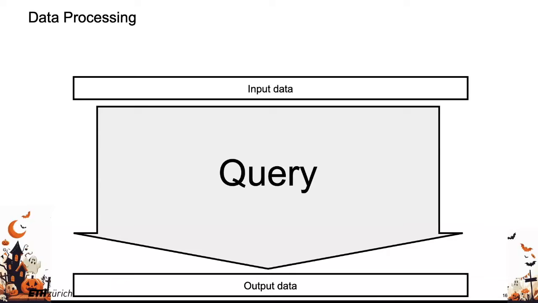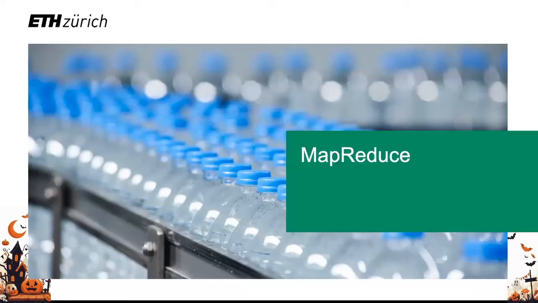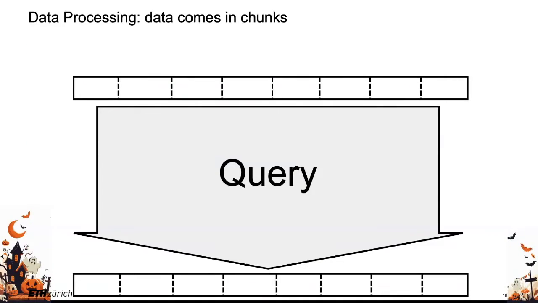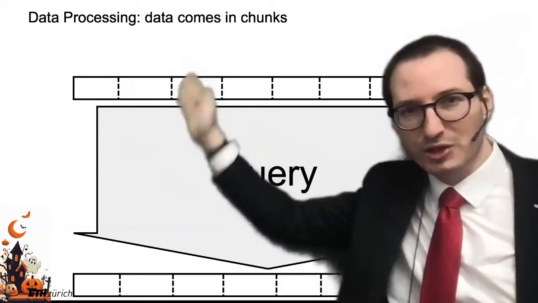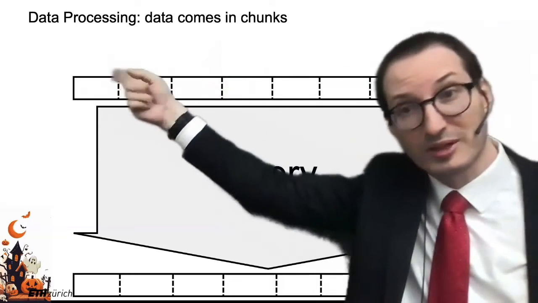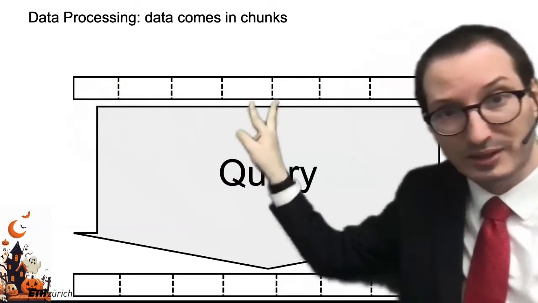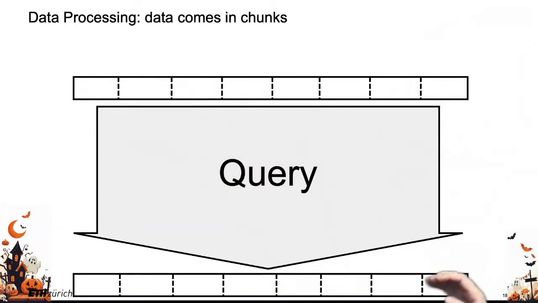So the idea is that, if you zoom out completely, you have some input data, you want to apply some query and you want to get output data, right? You cannot be more generic than that. Now, we want some parallelism, so I added these dashed lines in here that basically say my input is partitioned like this. In fact, that would correspond, as we will see, to HDFS blocks in here, typically 100 megabytes.